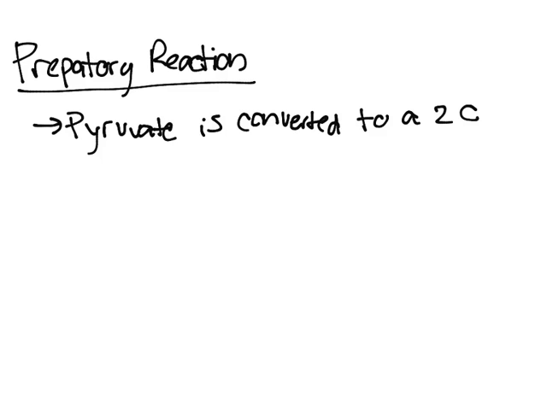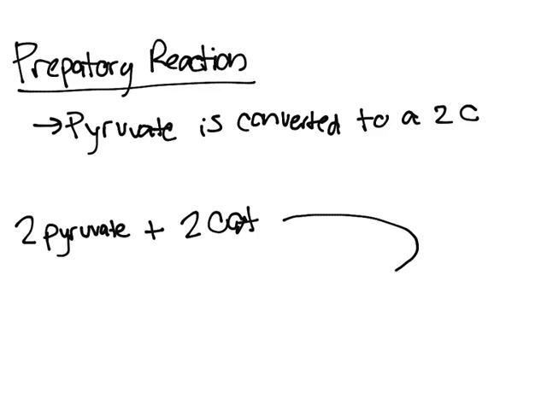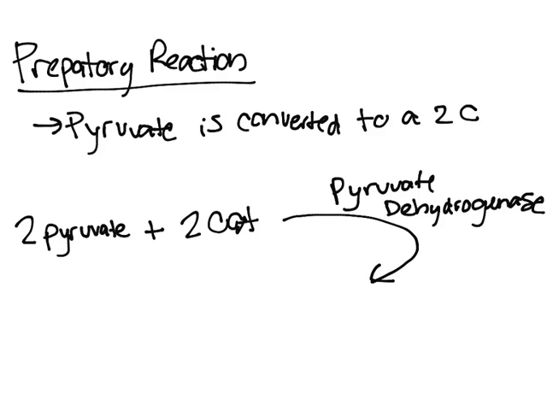And I'll get into the whole process in 1 second. And so here we have 2 pyruvate plus 2 coenzyme A to get, I'll just draw that down there, and pyruvate dehydrogenase is an enzyme that catalyzes this reaction.